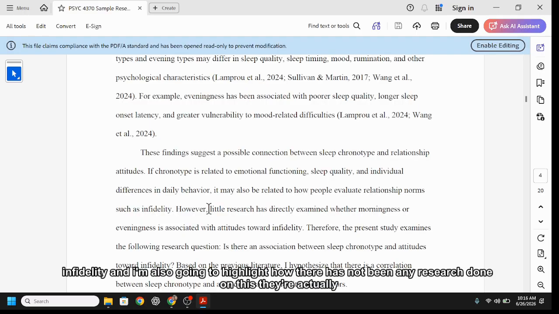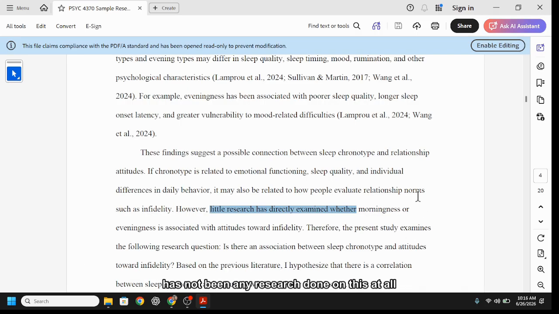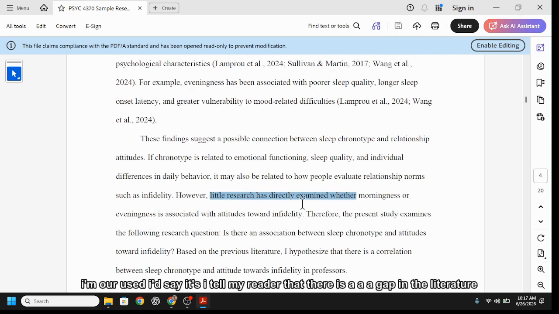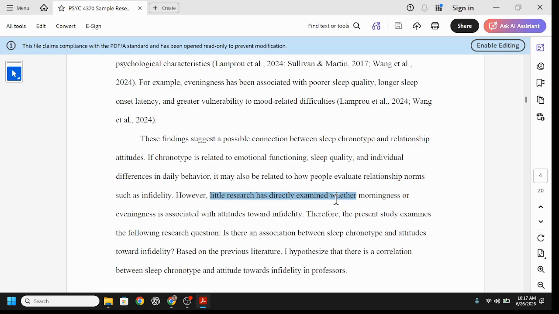And I'm also going to highlight how there has not been any research done on this. There actually has not been any research done on this at all. So this is actually a research project that we could carry out. I tell my reader that there's a gap in the literature, right? And then I talk about how my present study addresses this particular research question.